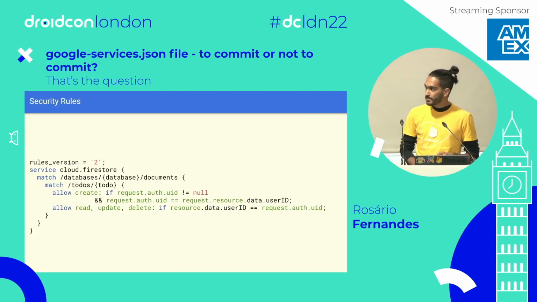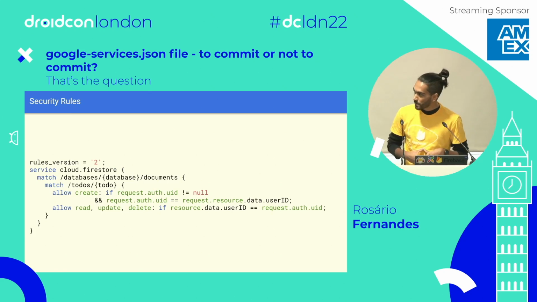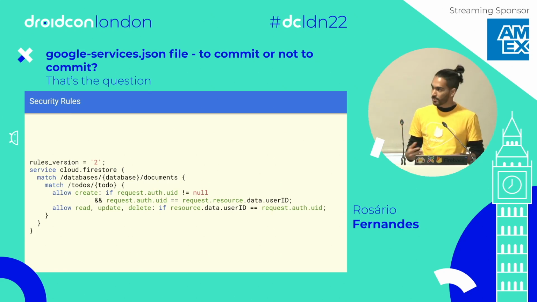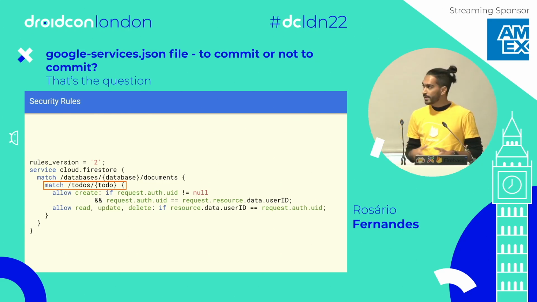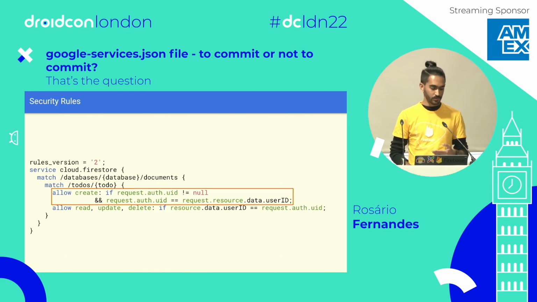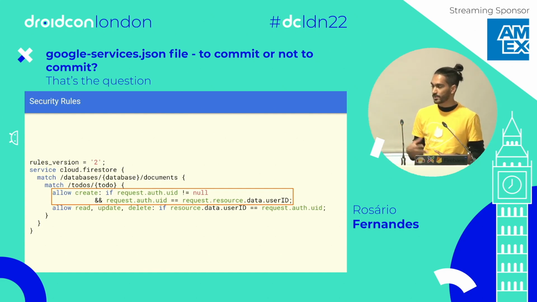So if you've never seen security rules before, this is what it looks like. I know the syntax can be new for some people, but let me go quickly over this. This is an example of rules for Cloud Firestore. Basically what I'm saying in these rules is I have a collection of to-dos, and for each to-do, I will let a user create a new to-do if they are authenticated, and if they're creating a to-do with a field that contains a user ID.